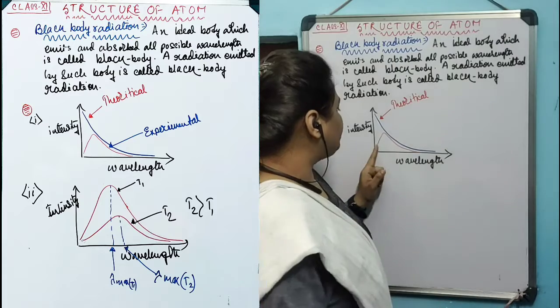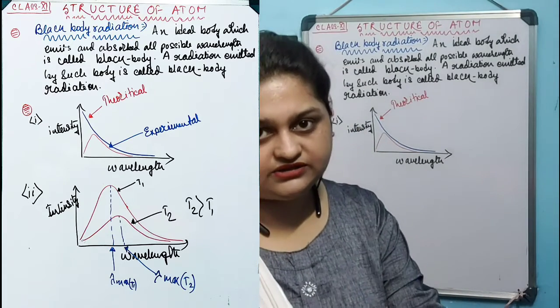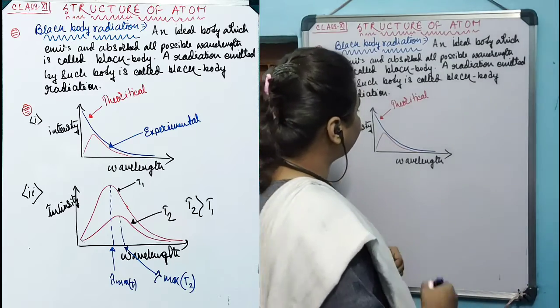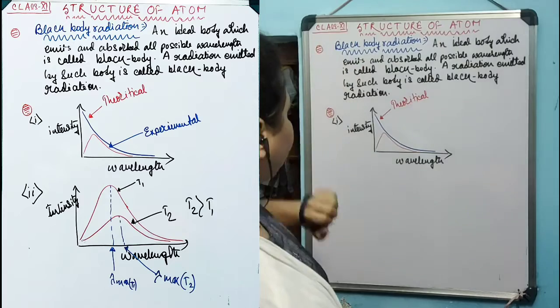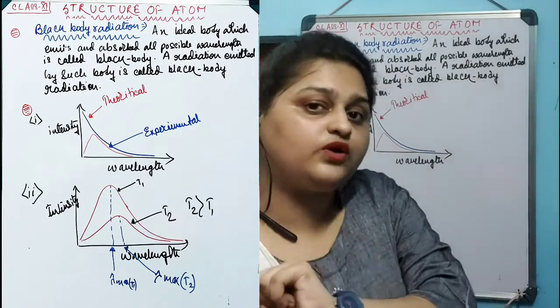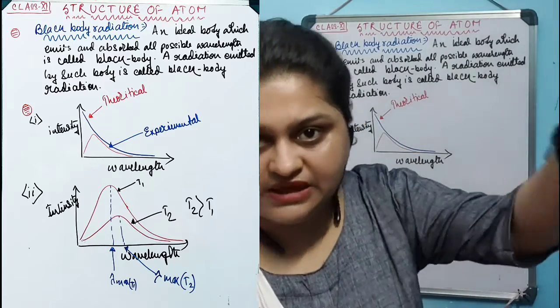This is because in the experiment they are observing a natural phenomenon in which the body is emitting all possible wavelengths, but with one wavelength in the maximum amount, with the maximum intensity.